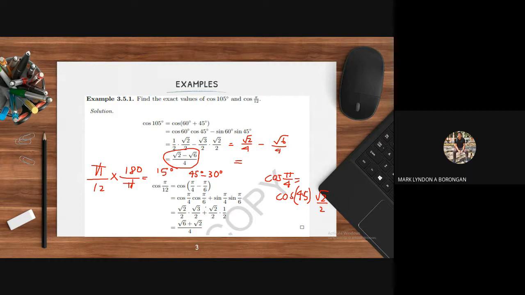So, after that, we simplify. 2 times 2 is just 4. Square root of 3 times square root of 2 is square root of 6, plus 2 times 2 is 4 again, and square root of 2 times 1 is square root of 2. So, the final answer is the square root of 6 plus the square root of 2 over 4.